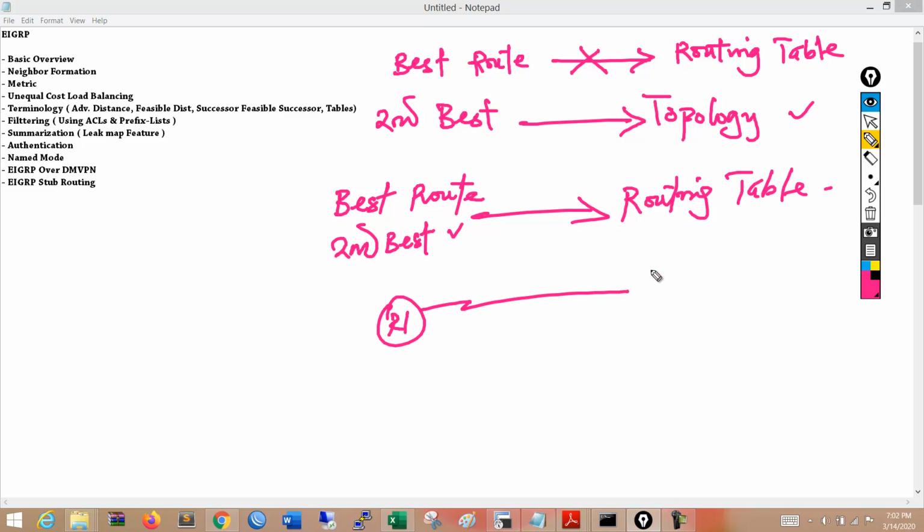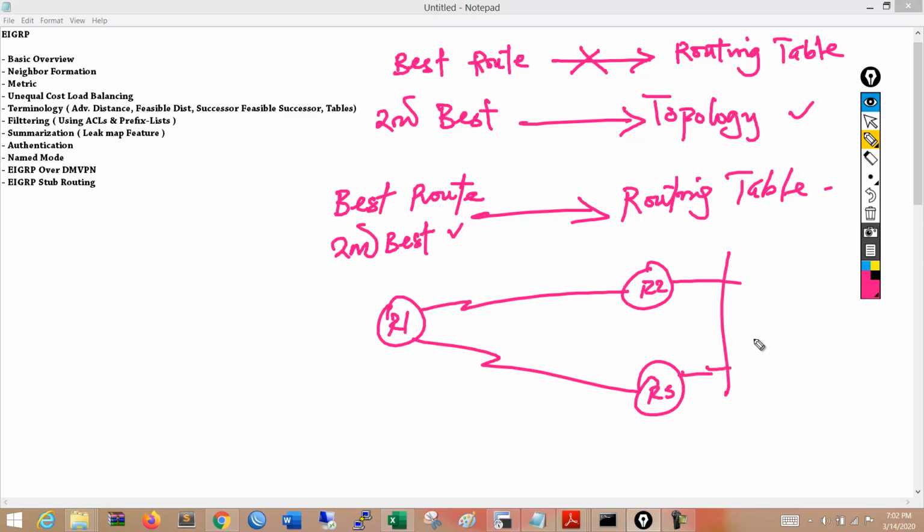Let's say we have this link and also this link to the same network 23. So R1 says, okay, via this link is actually a cost of 3, and via this link is actually a cost of 1.